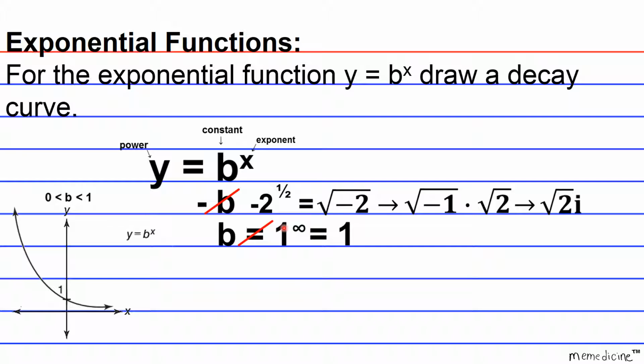The issue with this is that if b is equivalent to 1, y equals b to the x is no longer a 1-to-1 function. Rather, it's a 1-to-many relation, and a horizontal line drawn for the horizontal line test would touch the curve at many places.